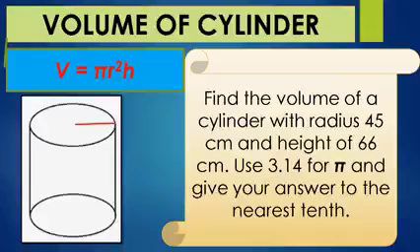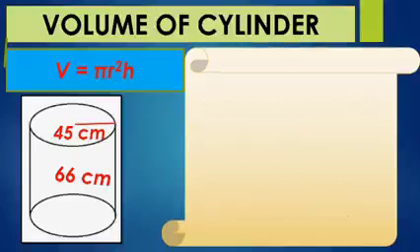By sketching, we have the height of our cylinder, which is 66 centimeters, and the radius of the cylinder, which is 45 centimeters. We will use the equation V is equal to pi r squared h. So here, by substitution, yung magiging value ng ating pi is 3.14 because it is set na. Condition na yun sa ating problem.